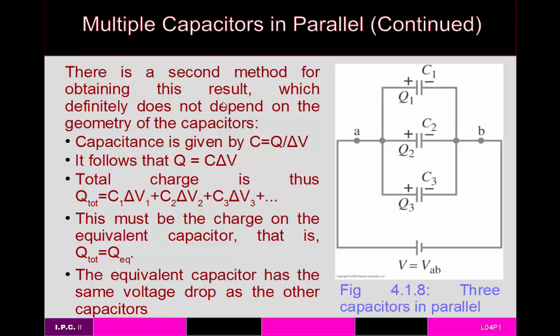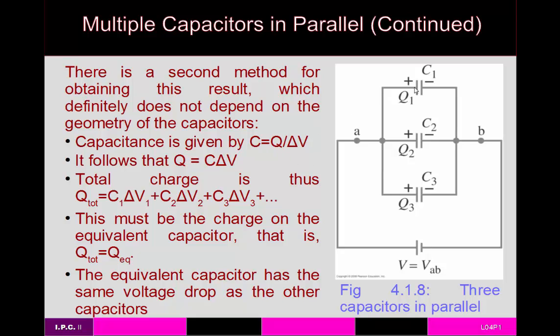This is not dependent on the geometry of the capacitors. It's independent of the actual geometry. It could be a pair of parallel plates, or an embedded pair of conductors, for example, a wire with a hollow shell wrapped around it like in a coax cable, etc. The capacitance is always given by Q divided by the voltage drop across the capacitor.